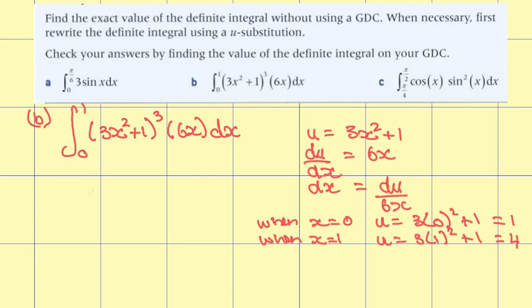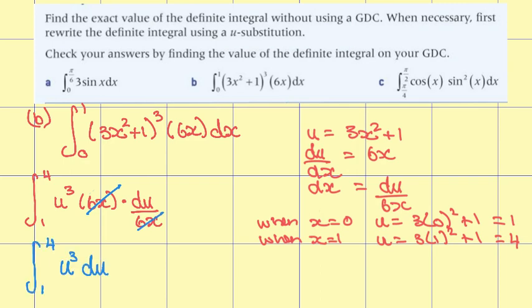Now we can substitute all the new values into our original equation, getting the integral of u cubed times 6x times du over 6x between 1 and 4. As you can see, the 6x's cancel, giving the integral of u cubed du between the values 1 and 4.